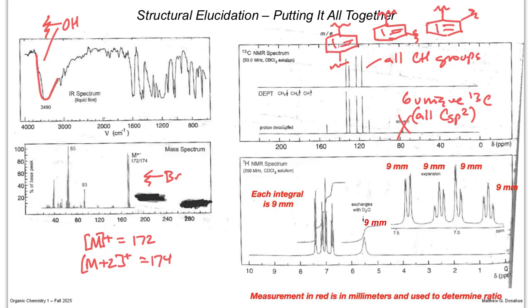If you take 9, divide it by 9, you get 1, so that's our ratio. 1H, 1H, 1H, 1H. So total we have 5 signals, and they're all 1 proton. And that, again, is confirmed by this attached proton test in the DEPT.